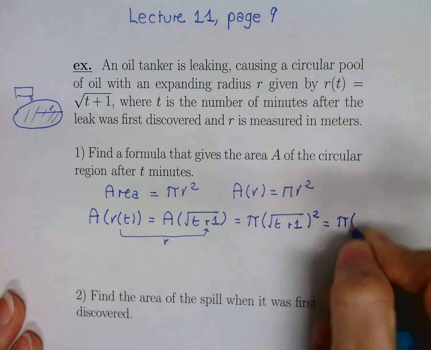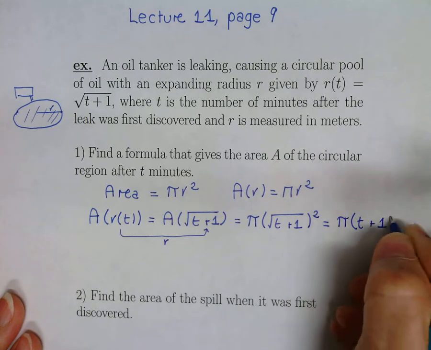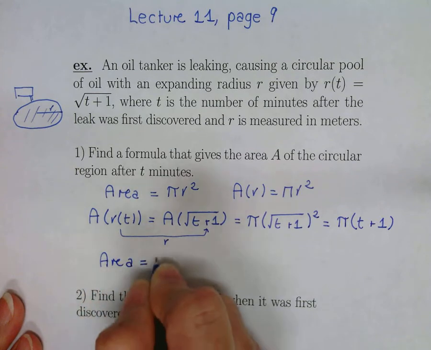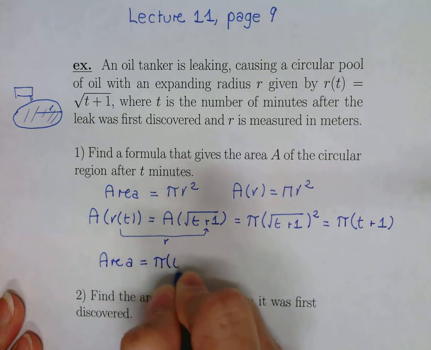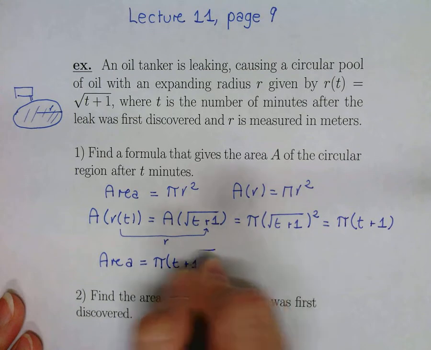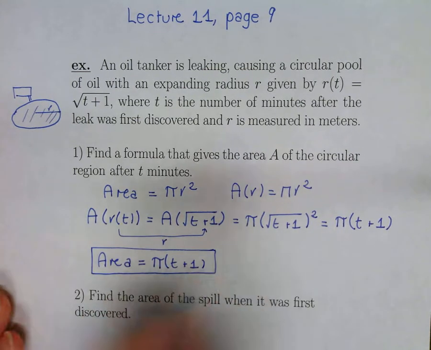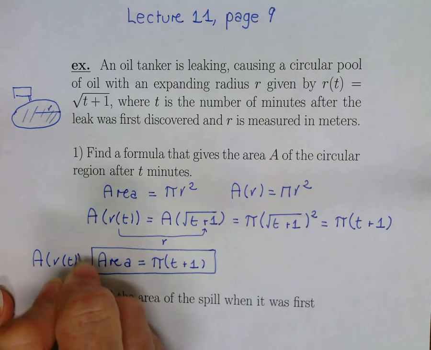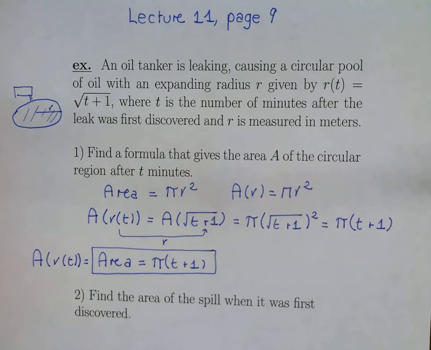So it's pi times t plus 1. So area equals pi times t plus 1. Now that is the function a of r of t. So we've expressed area in terms of time.